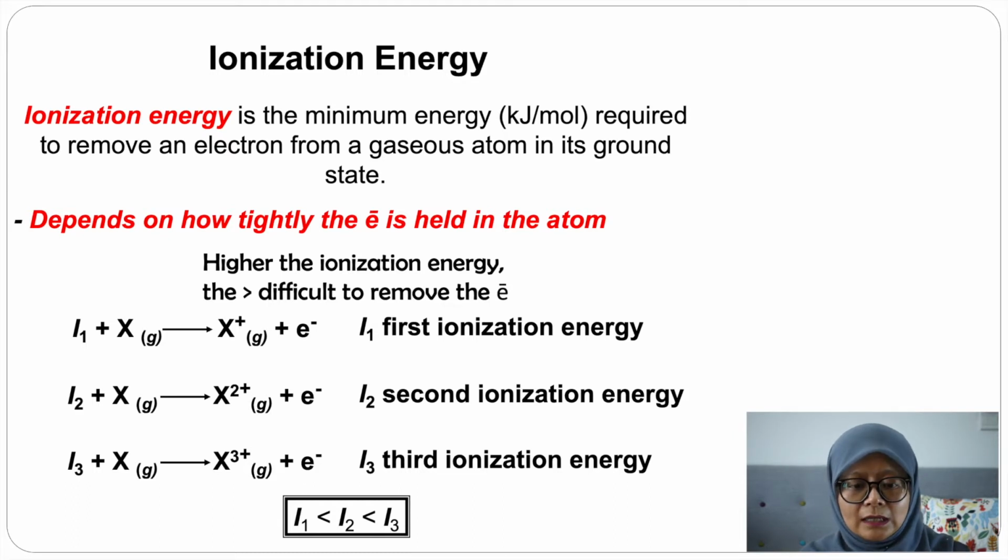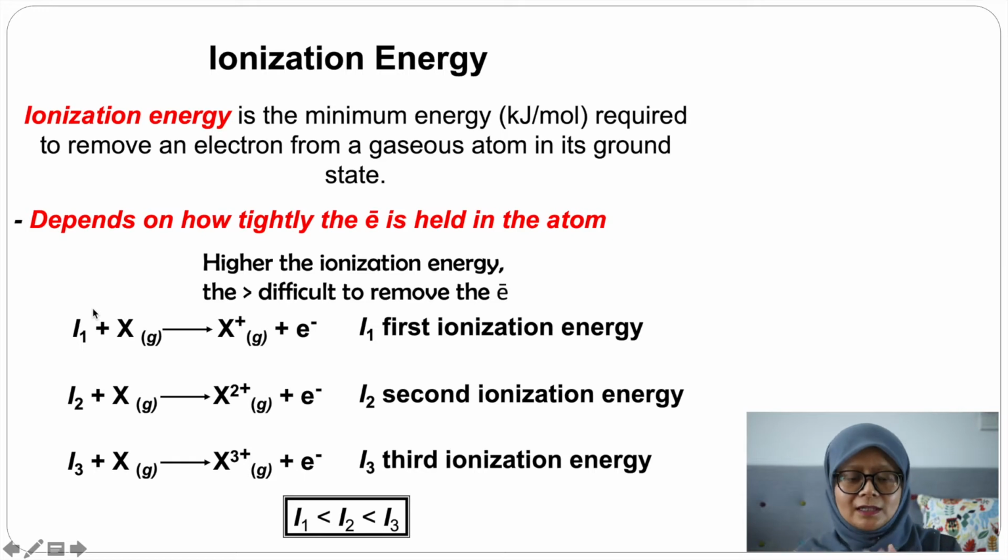When we talk about ionization energy, you need to imagine something positive. It is actually the formation of a cation. First example: let's say I have the first ionization energy, in a gaseous atom.